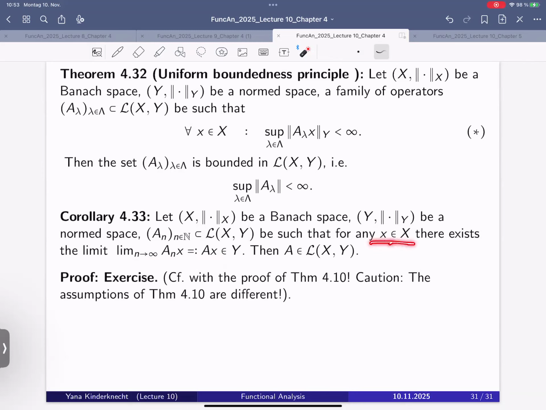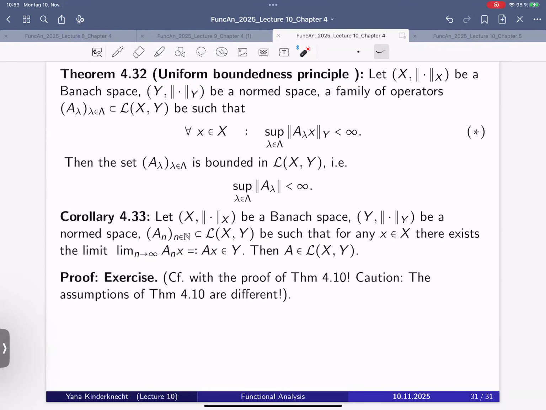But only pointwise convergence is enough to guarantee that the limit of a pointwise convergent sequence of continuous linear operators is again a continuous linear operator. So the proof is an exercise. It is a simple corollary of this uniform boundedness principle.